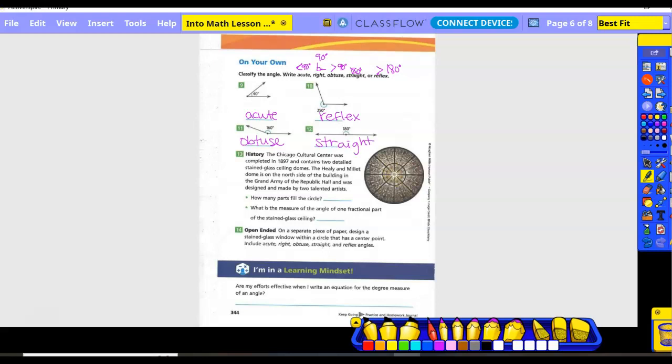Number 13, history. The Chicago Cultural Center was completed in 1897 and contains 2 detailed stained glass ceiling domes. The Healy and the Millet Dome is on the north side of the building in the Grand Army of the Republic Hall and was designed and made by 2 talented artists. How many parts fill the circle? So, how many total pieces is that broken into? 8 parts.